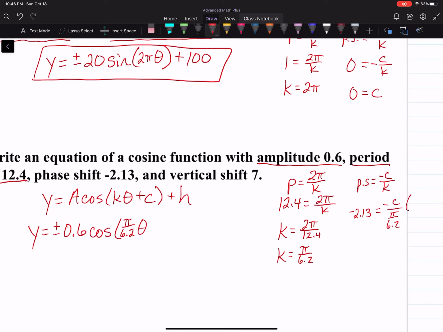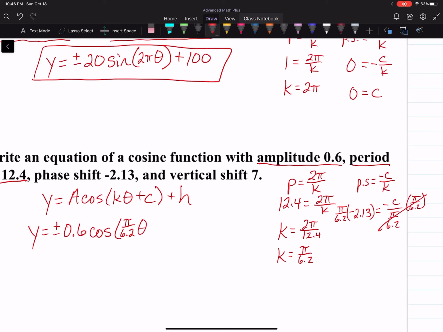So we're going to multiply this by pi over 6.2 and multiply the left by pi over 6.2. Okay, and these cancel, top on bottom, and in your calculator you can put that, or we can just leave it.